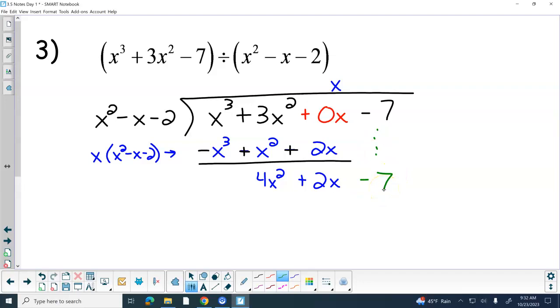Drop the negative 7. Game of first again. x squared becomes 4x squared if I multiply by positive 4.